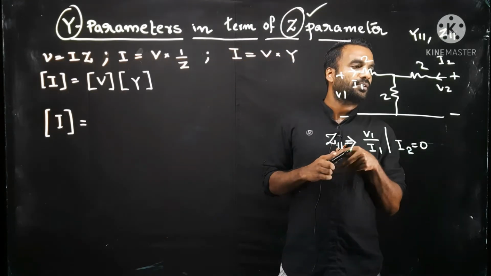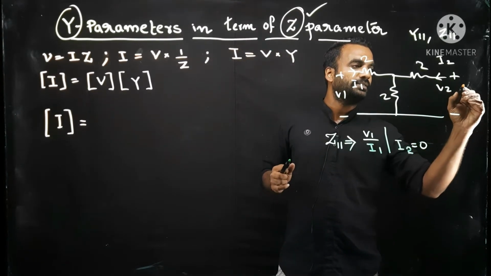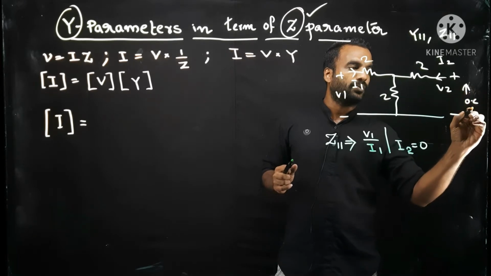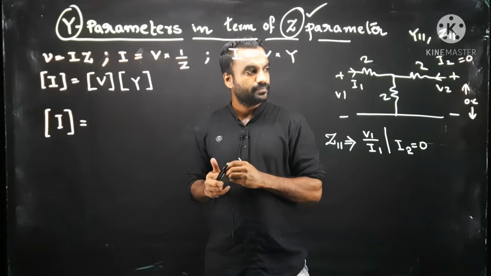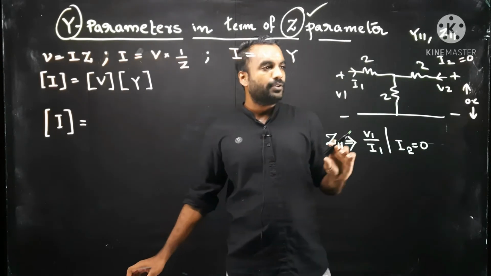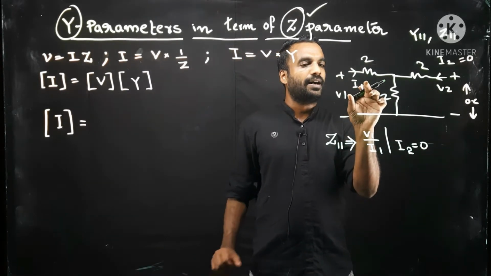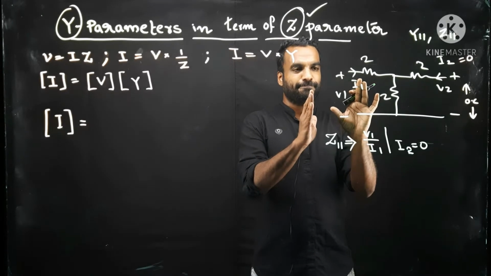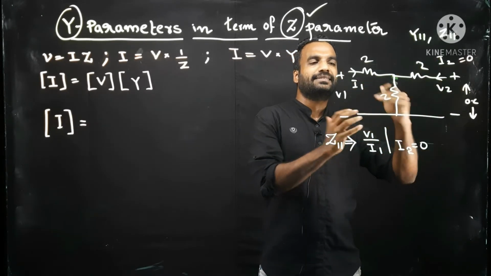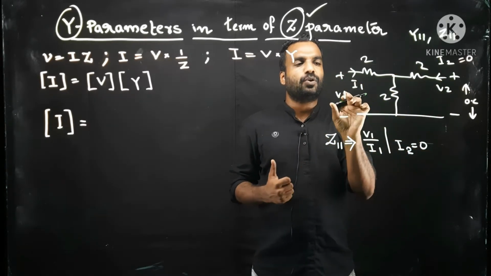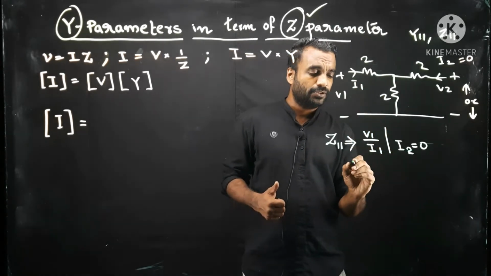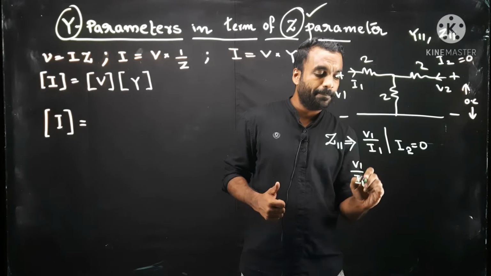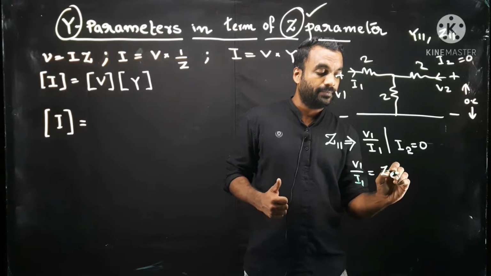I2 equal to 0 means I have to keep this side open circuit. So I2 will become 0. And I know V1 and I1 are the supply, and this whole side is consuming that. So that voltage by current will be impedance, the equivalent impedance. So V1 by I1 will be Z equivalent.